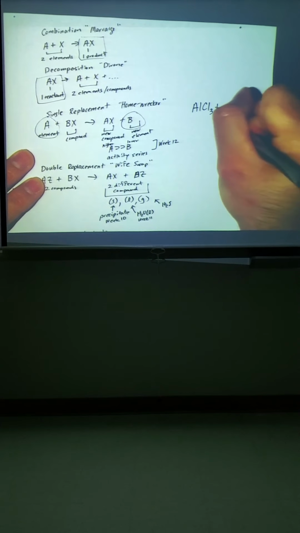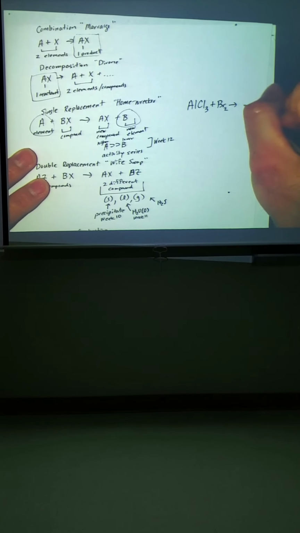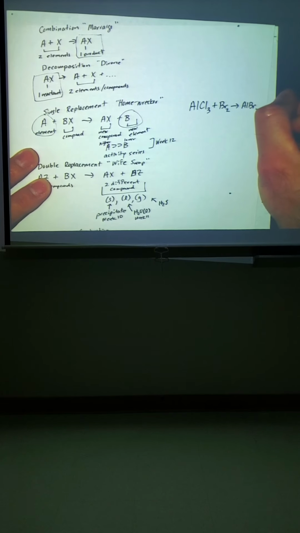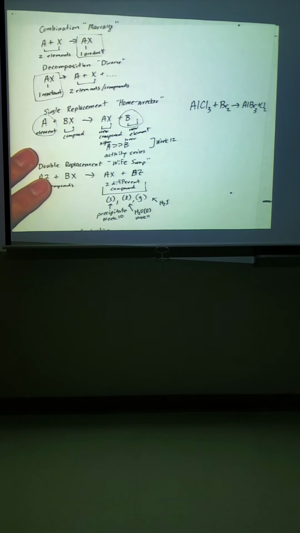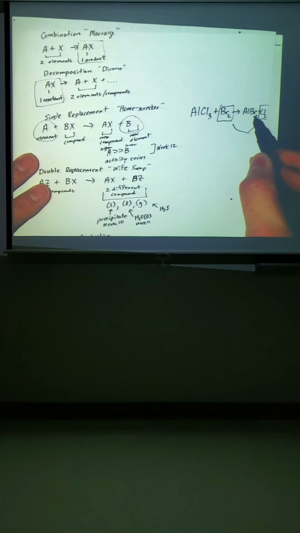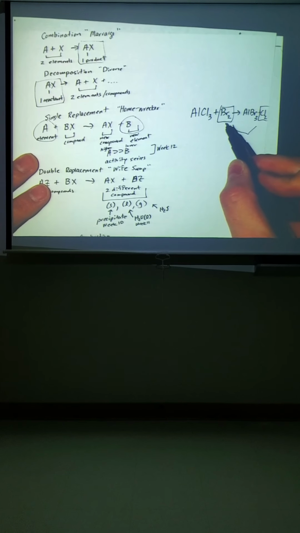So if we have this reaction, notice bromine and chlorine are by themselves. Aluminum had a partner, chlorine. Aluminum had a different partner, bromine.